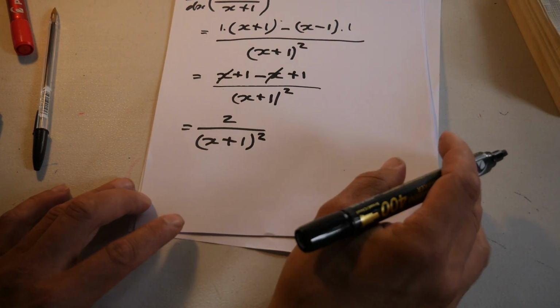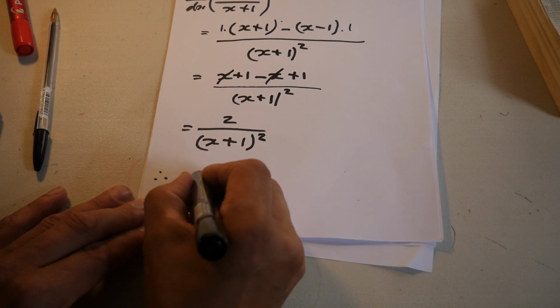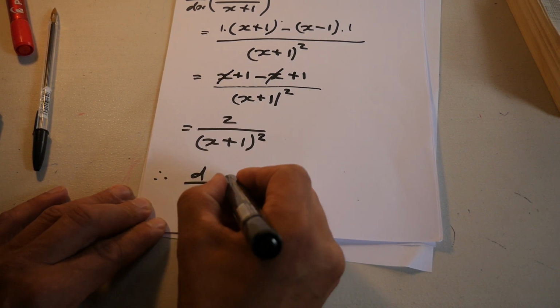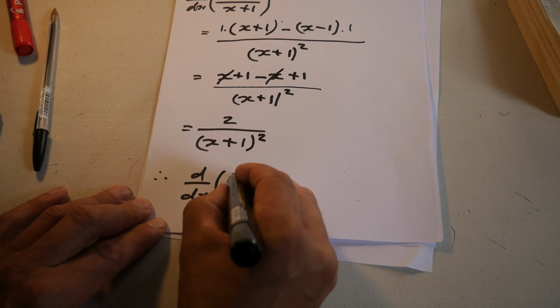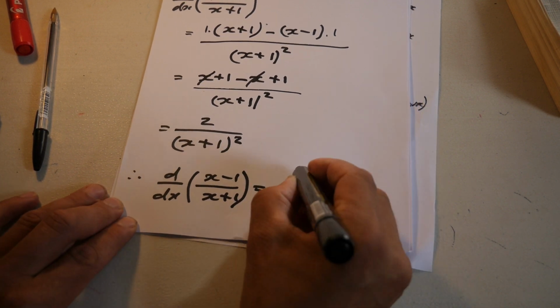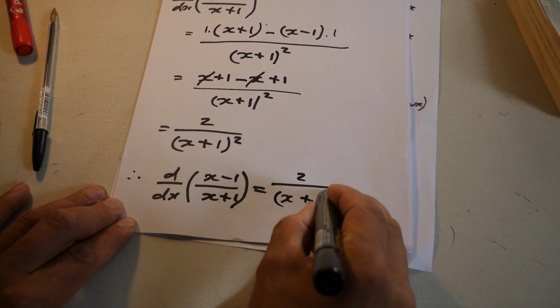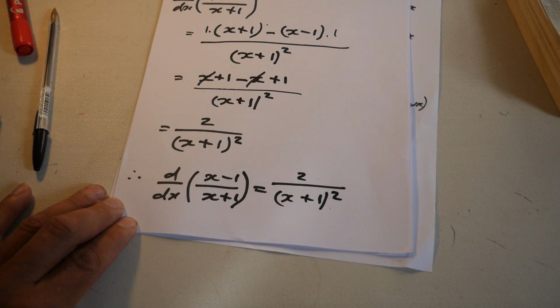So that's the derivative. Therefore, d by dx of x minus 1 over x plus 1 equals 2 upon x plus 1 squared. Okay, that's your derivative.